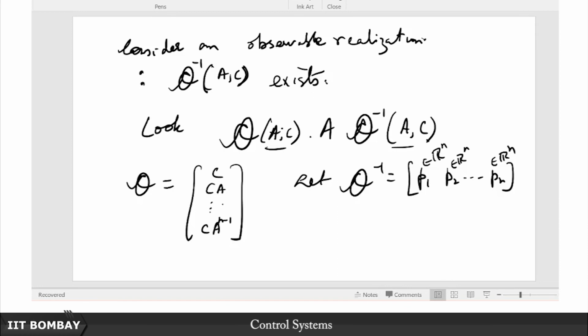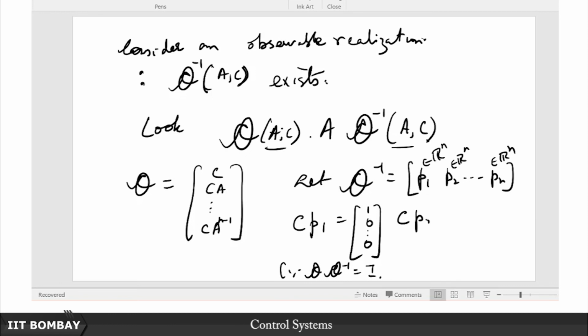So what do we know if these are inverses? Since O into O inverse is identity, C times P2 must give me 0, similarly C times P3 must give me 0.